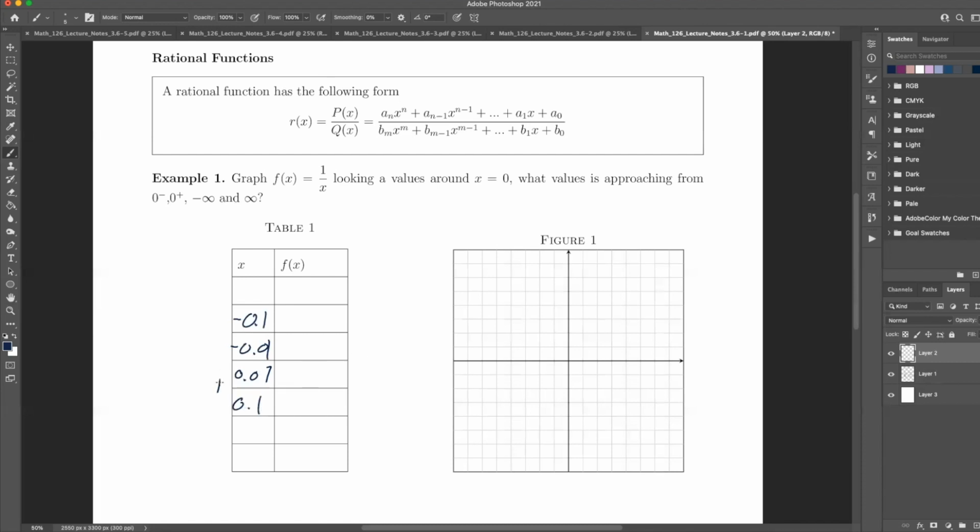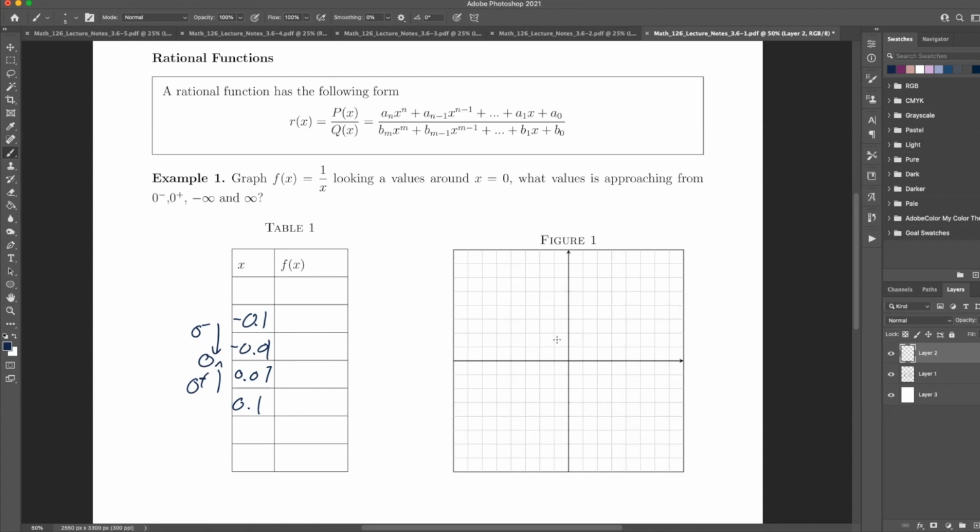So this is as it's going into 0, right? This is looking at 0 minus. This is looking at 0 plus. So basically 0 minus means coming in from the left side, and 0 plus from the right side on the number line.